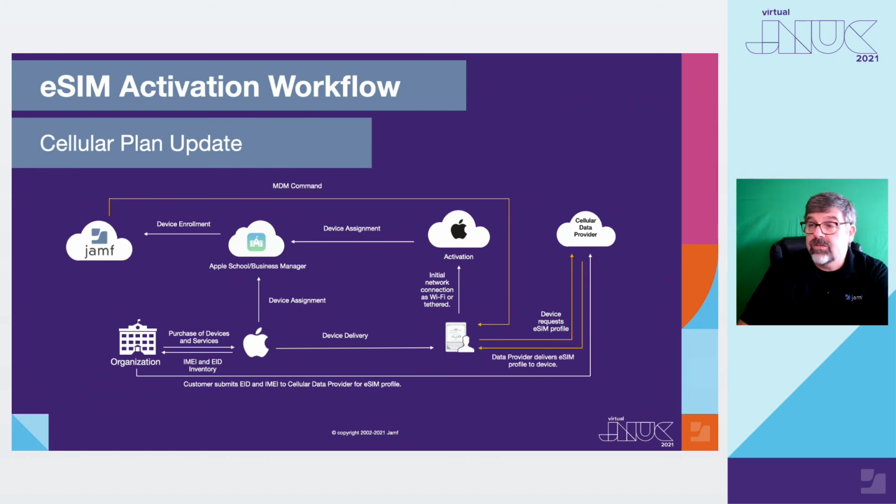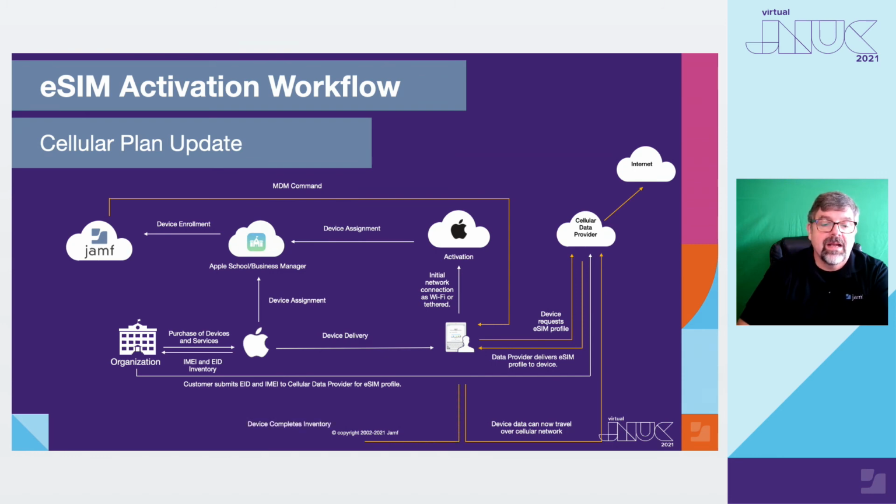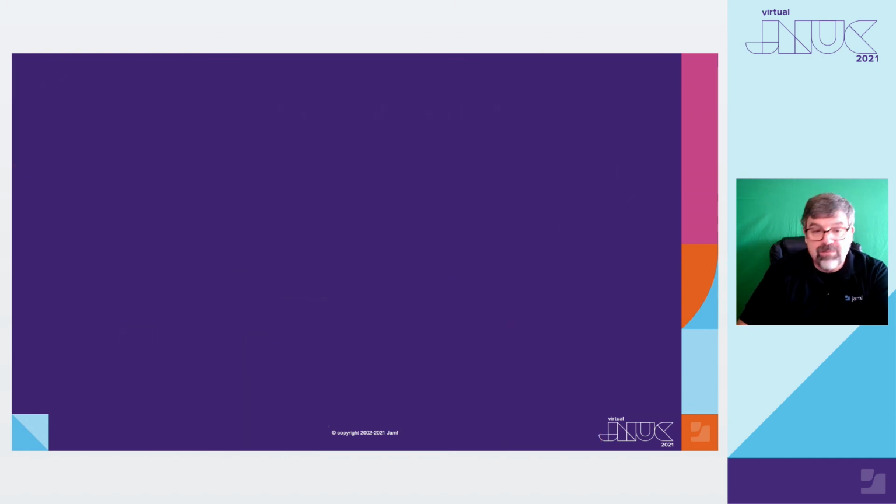We're going to get delivered the new eSIM profile, which will be installed on our device. Our device will then activate with the new carrier settings. We'll go to the new carrier's network, and then we'll travel on the internet. And then our device will submit its inventory back to the Jamf Pro server with updated settings.